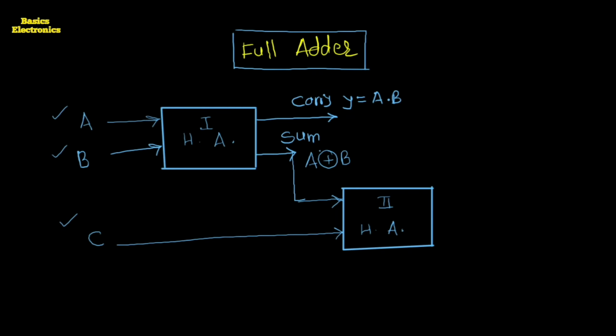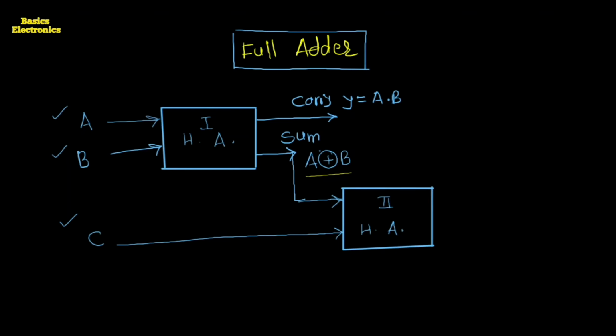The first input is A XOR B, the sum of A and B, and the second input is the C input. It produces two outputs again.